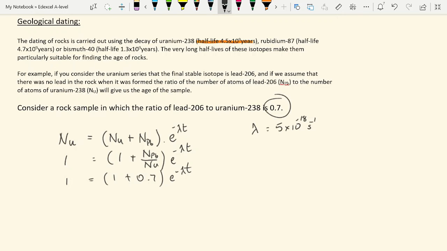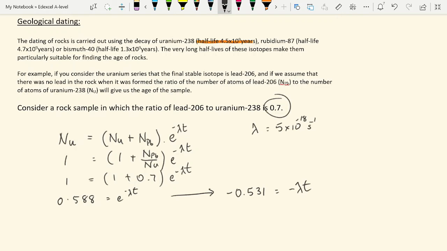We now divide our 1 by 1.7, and we get 0.588 is equal to e to the power of minus lambda t. And if we log both sides of that, we do ln 0.588, we get minus 0.531 is equal to minus lambda t.